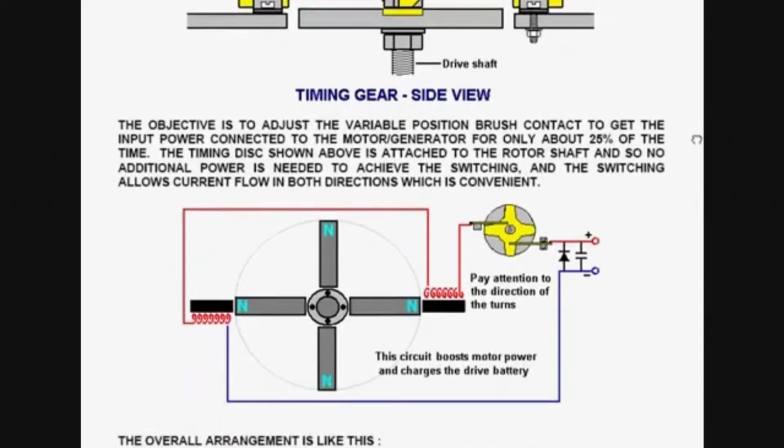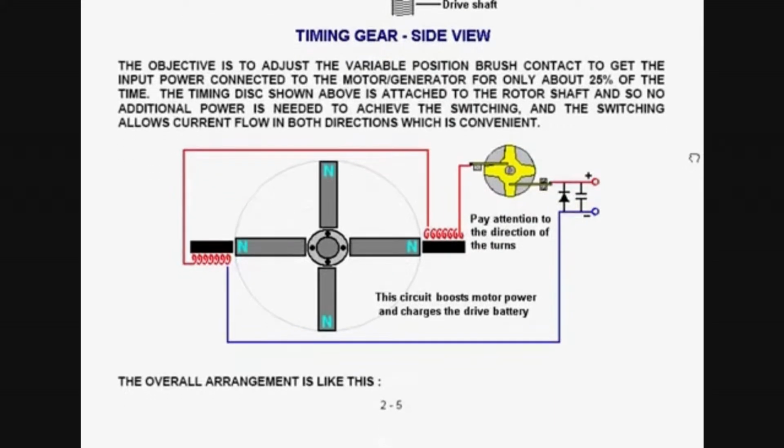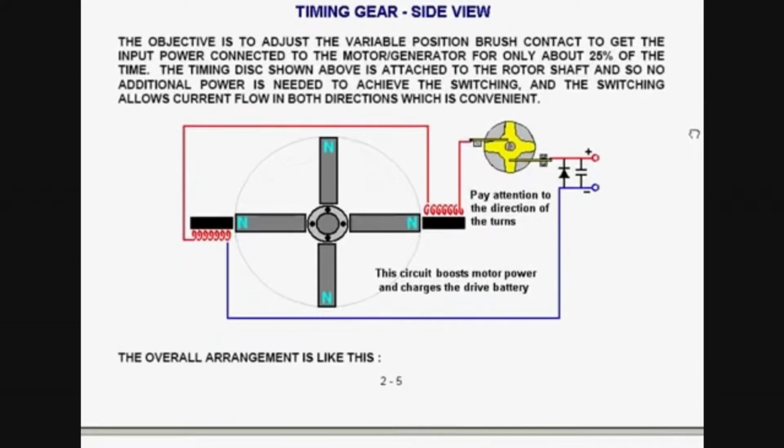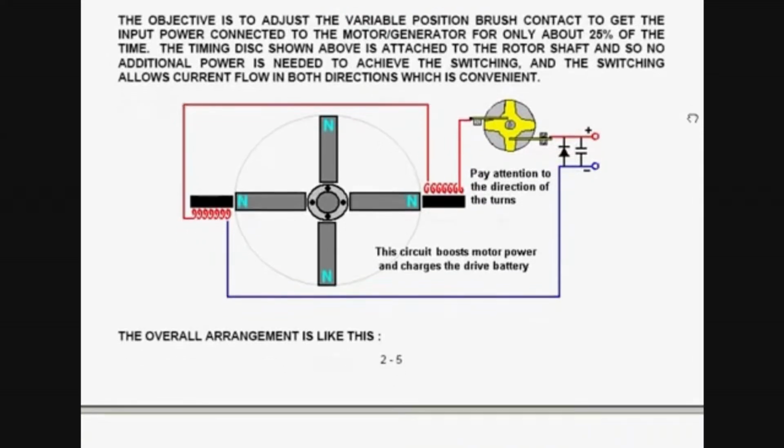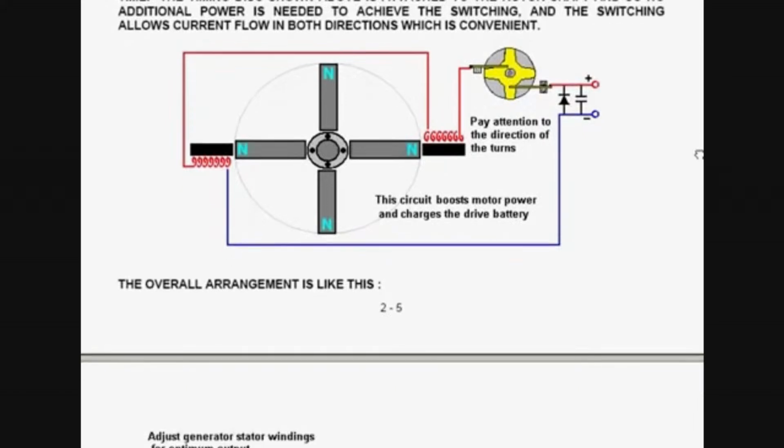The objective is to adjust the variable position brush to get the power connected to the motor generator for only about 25% of the time. The timing disc shown above is attached to the rotor shaft, and so no additional power is needed to achieve the switching, and the switching allows current flow in both directions, which is convenient.